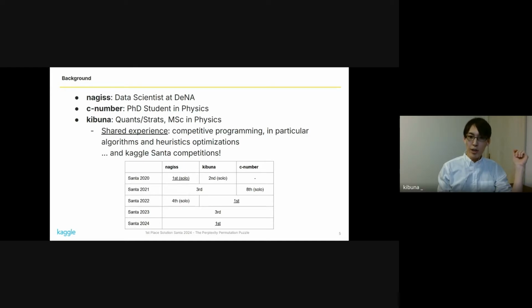But we share an expertise in numerical analysis, and notably, all of us have participated in Japan's well-known competitive programming contests. So this experience helped us rapidly implement the algorithmic and heuristic optimization techniques. It's an advantage in this competition, I think.